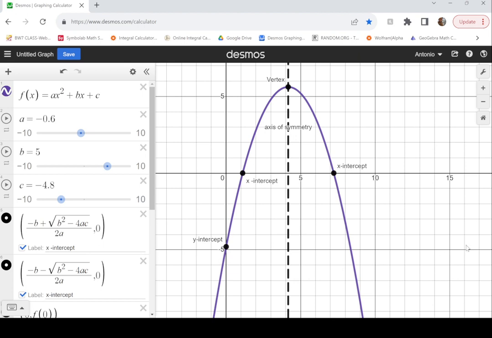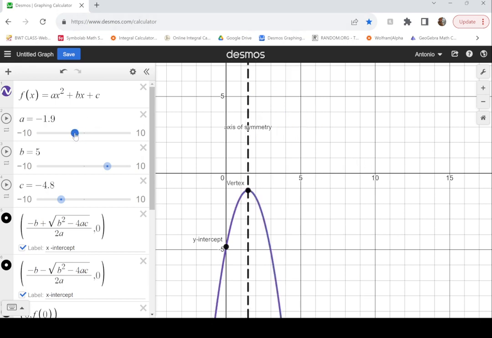Another thing that we see from this graph is this dotted line, and notice it's labeled as the axis of symmetry. Also notice that it goes through the vertex, no matter how I change the shape of my graph.